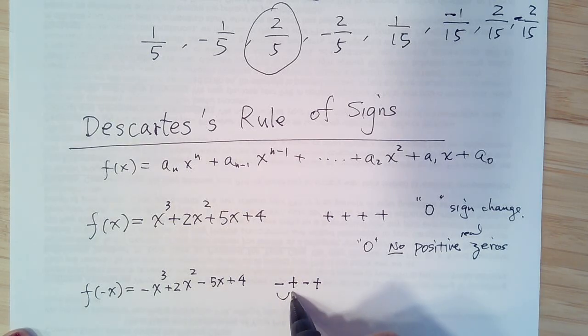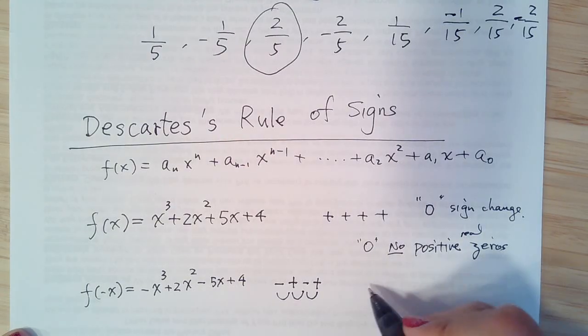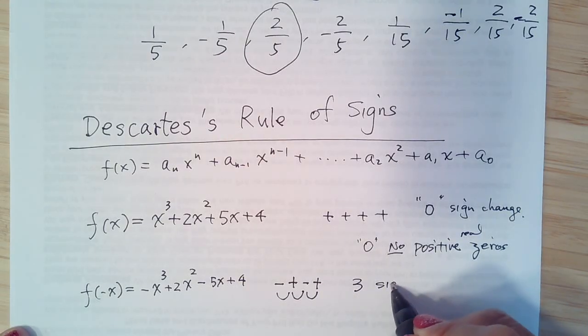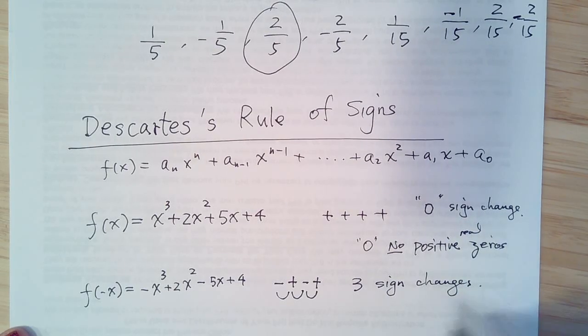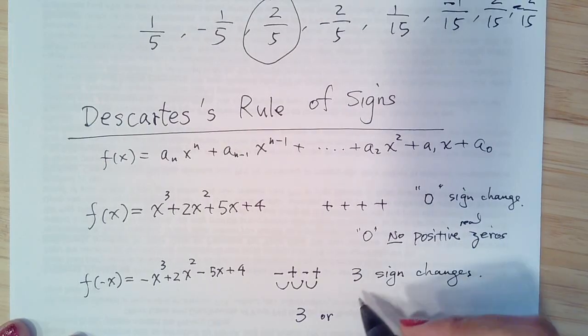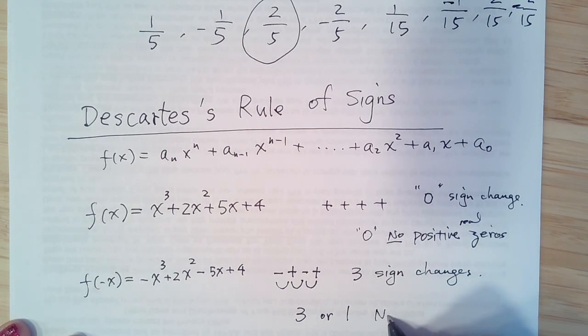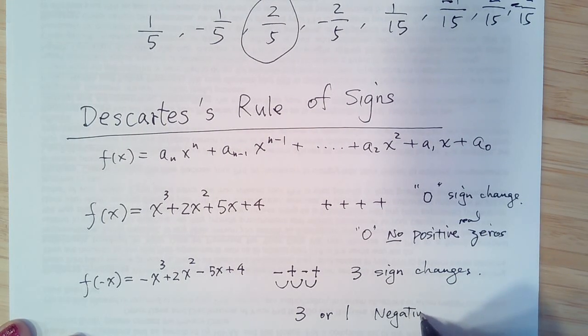Negative, positive, negative, positive. How many sign changes? Once, twice, 3 times. So there are 3 sign changes. That means there could be 3 or, minus 2, 1 negative zeros.